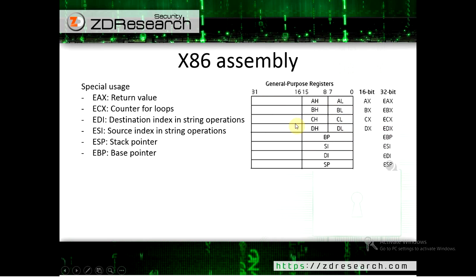One other important concept for every reverse engineer or exploit developer is that these are called general purpose registers, but compilers, most of the time, such as the Visual Studio compiler from Microsoft, use these registers for some special usage. For example, the EAX register is always used as the return value for functions.